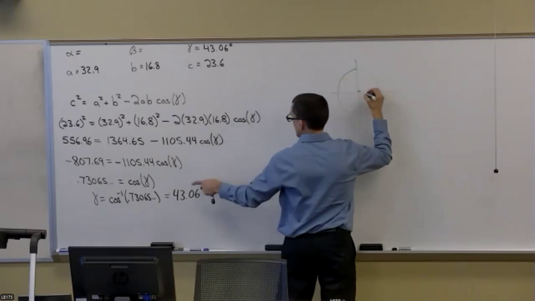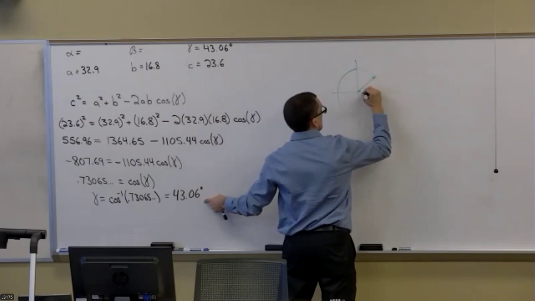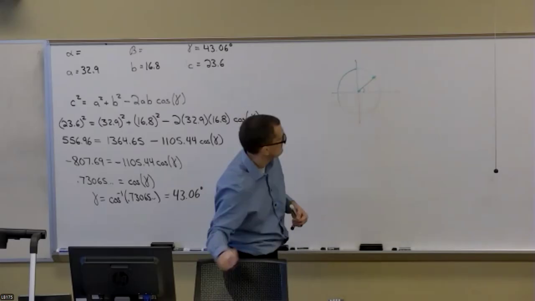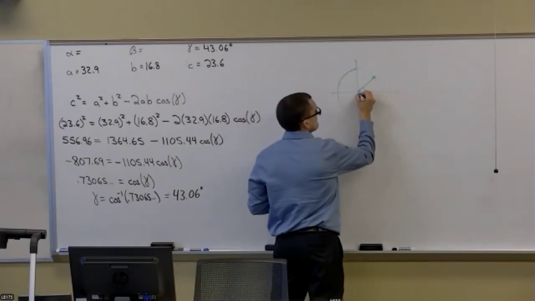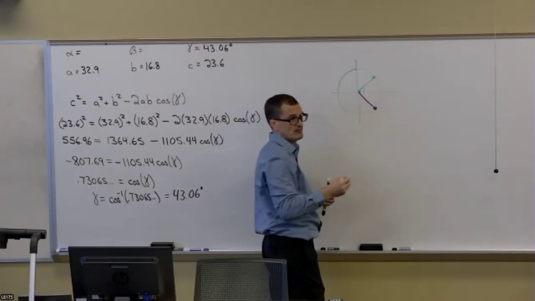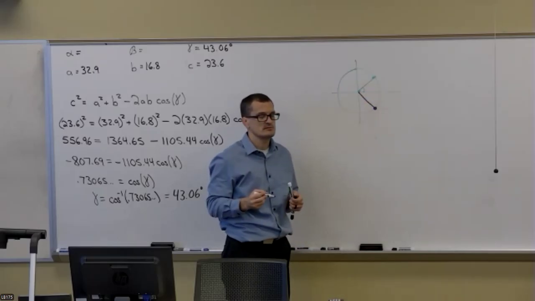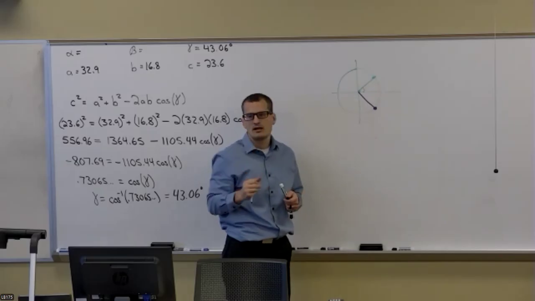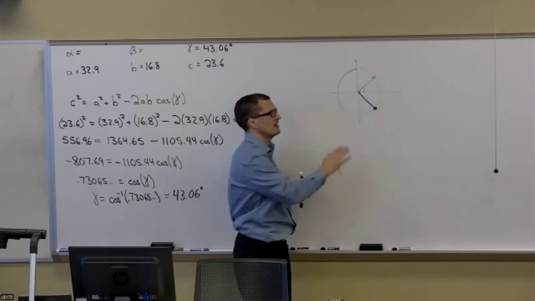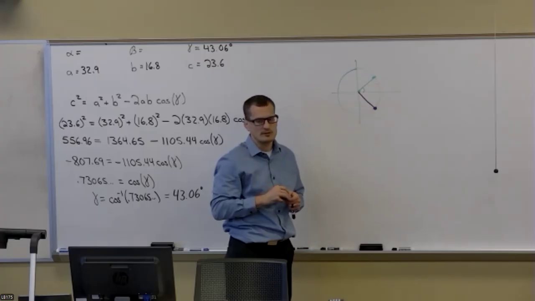So for instance, in this case, I get 43.06. That's an angle here. The one that matches with cosine is either a negative angle or more than 180, whichever way you want to see that. So negative angle in a triangle doesn't work. An angle that's more than 180 in a triangle that's not going to work either. Everybody follow that? Since it's the right-left pair on cosine, I really only need the 43.06.